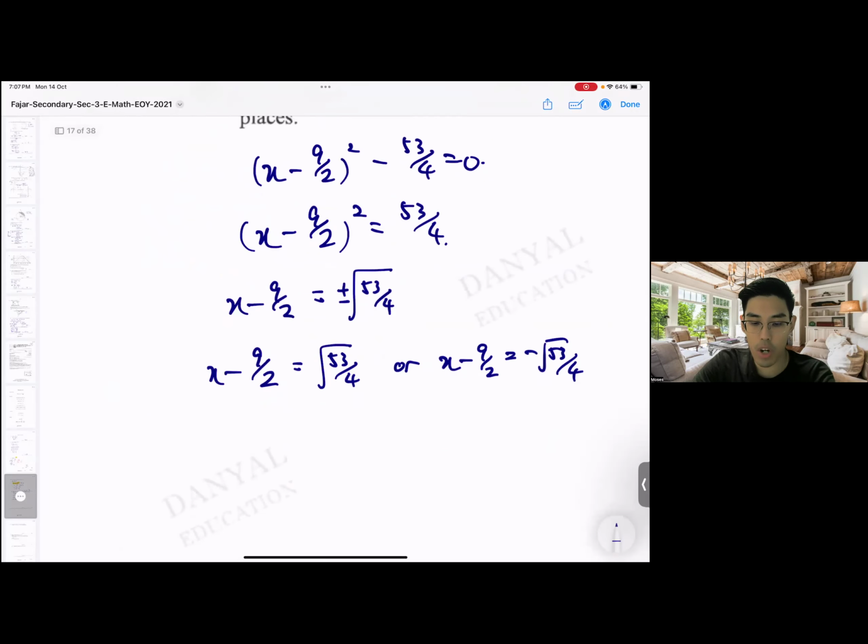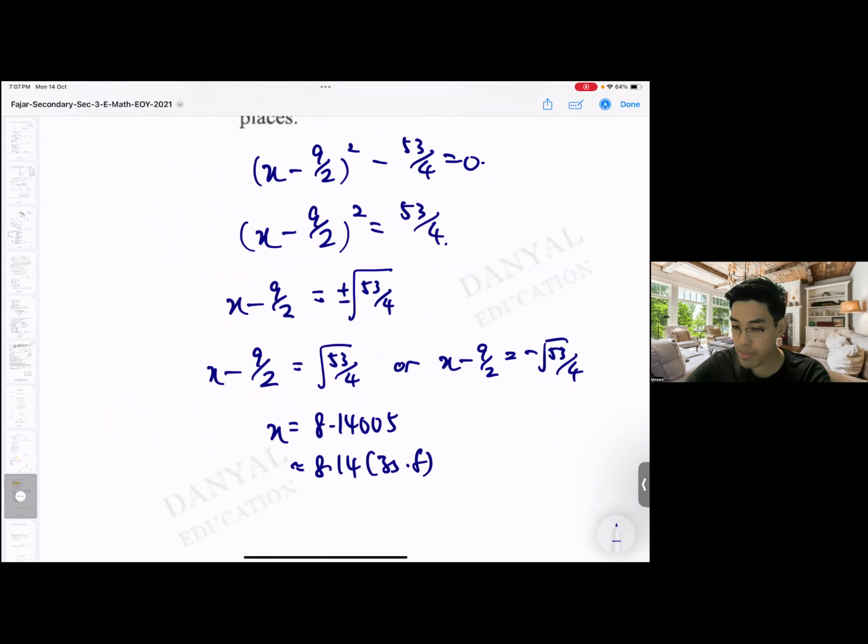We solve for each of them separately. Press the calculator, square root of 53 over 4, then plus 4.5, you get 8.14. That's the first one.